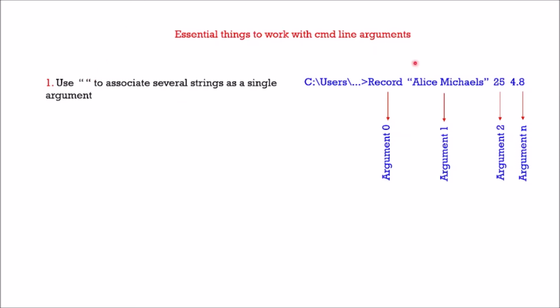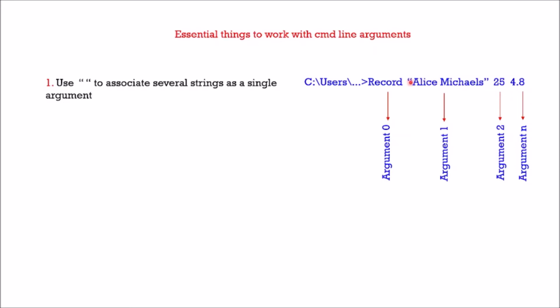Okay, so let's suppose that I want to execute this record command line program, and I'm going to input data of students. For that purpose, I will need to associate the full name by associating two strings, in this case Alice Michaels, which are separated by this blank space.